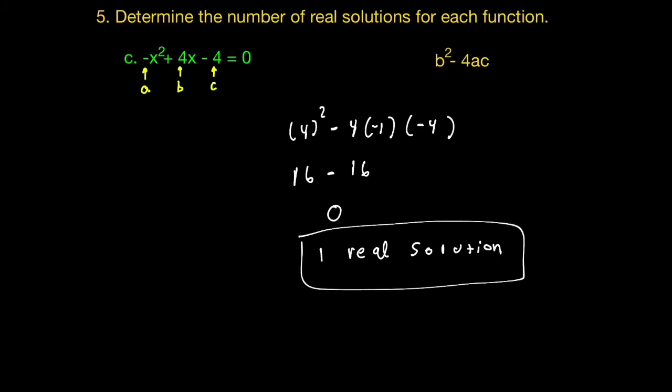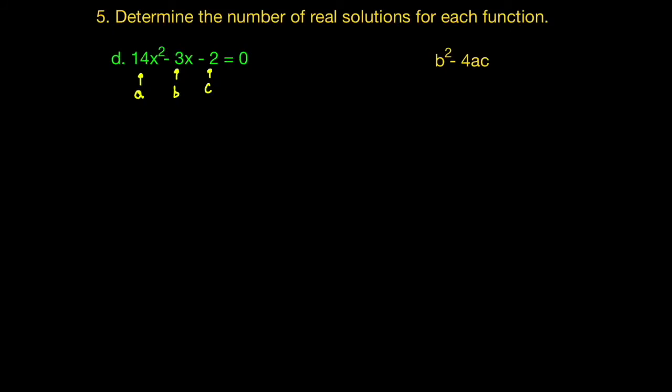Finally, for part D, again, let's label the A, B, and C and begin to calculate the discriminant. So here, my B value is negative 3. So I get negative 3 raised to the second power. We're going to subtract 4 multiplied by A multiplied by C. A is 14, C is negative 2. And negative 3 squared gives me positive 9.